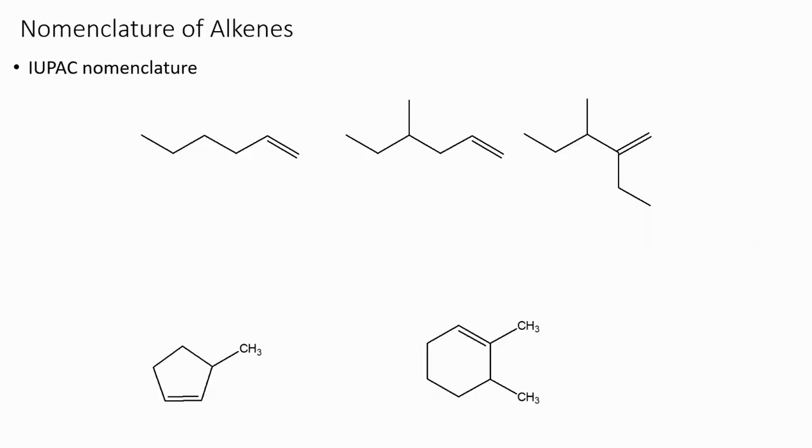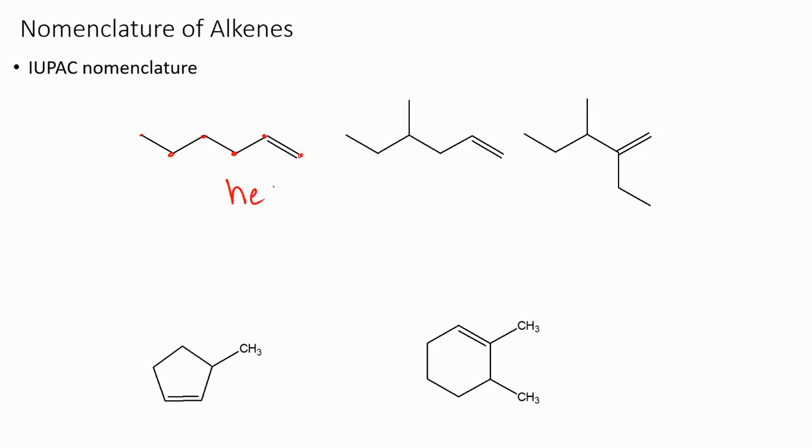So let's go ahead and do some example naming of alkenes. We're going to look for the longest carbon chain that branches or bridges over the double bond, and then we're going to give that double bond the lowest possible number. So let's see, here we've got a carbon chain that is 1, 2, 3, 4, 5, 6 atoms long.